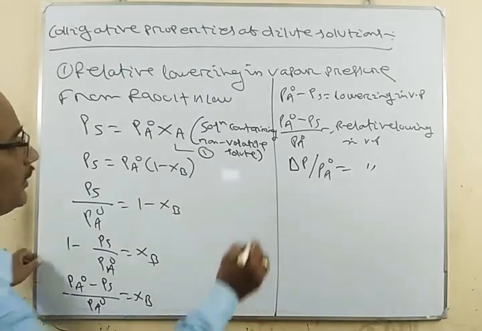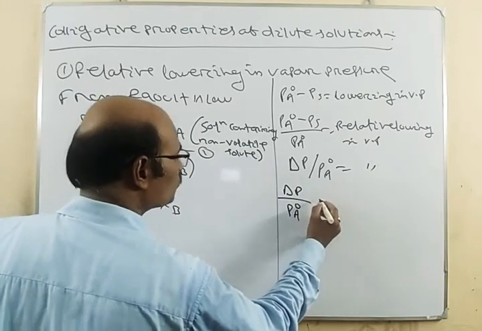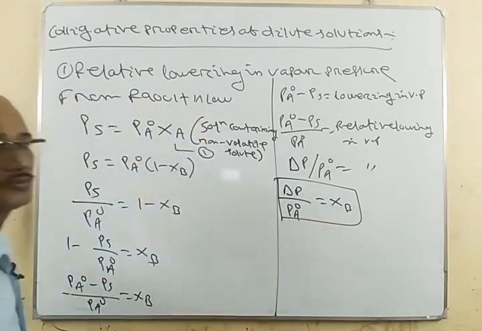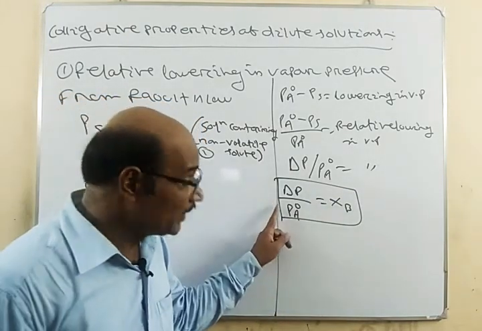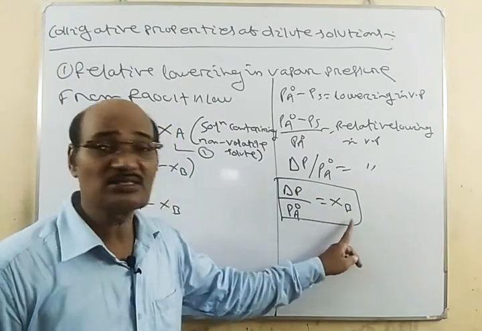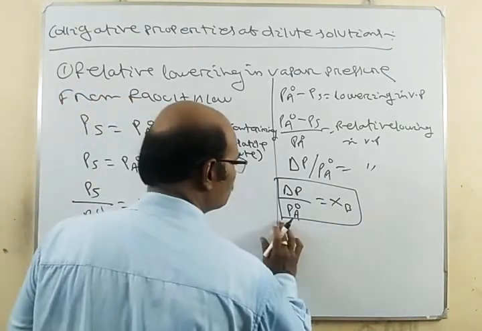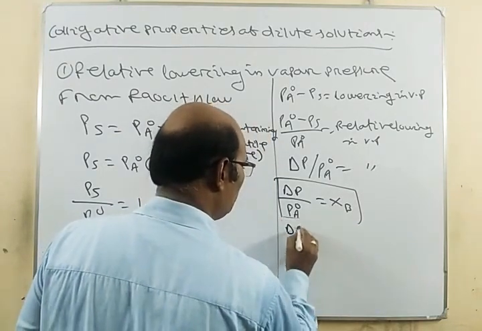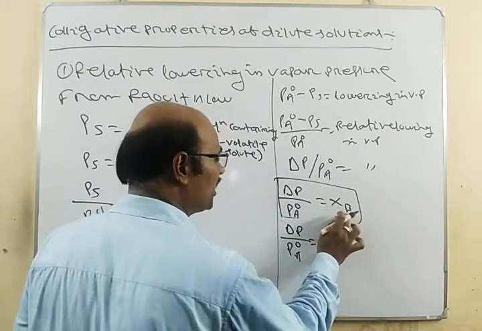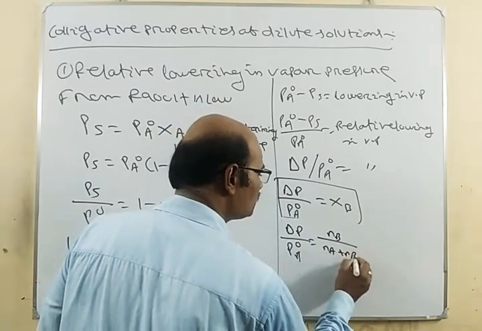So what can you write? Delta P by PA0 is equal to XB. That means the relative lowering in vapor pressure is equal to the mole fraction of the solute. Or you can write delta P by PA0 is equal to the mole fraction of solute XB, equal to NB by NA plus NB.